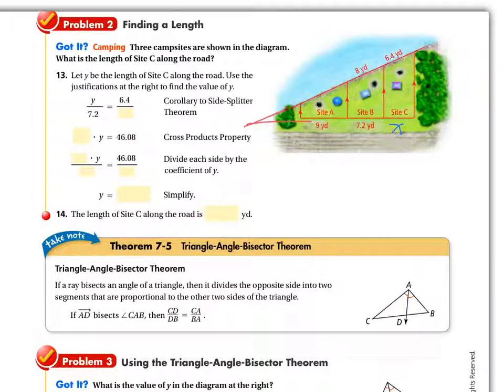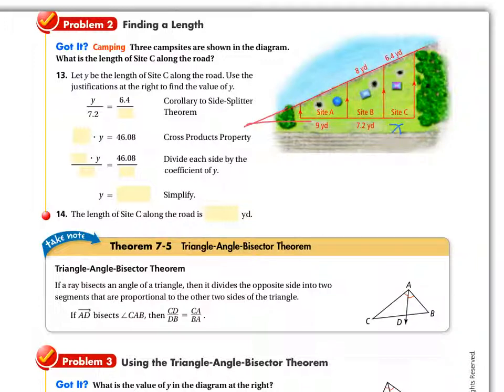And so again, I'm not going to go through their problem there. But I have this 9 yards I could do something with, but do I have anything across from it? Nope. So I have 8 yards and 7.2 yards that are across from each other, so that's a full ratio that I could set up. And then I have the 6.4 that corresponds to site C, which we've called X. So we're going to use these 4 in our proportion. So let's set up a different proportion than they have.